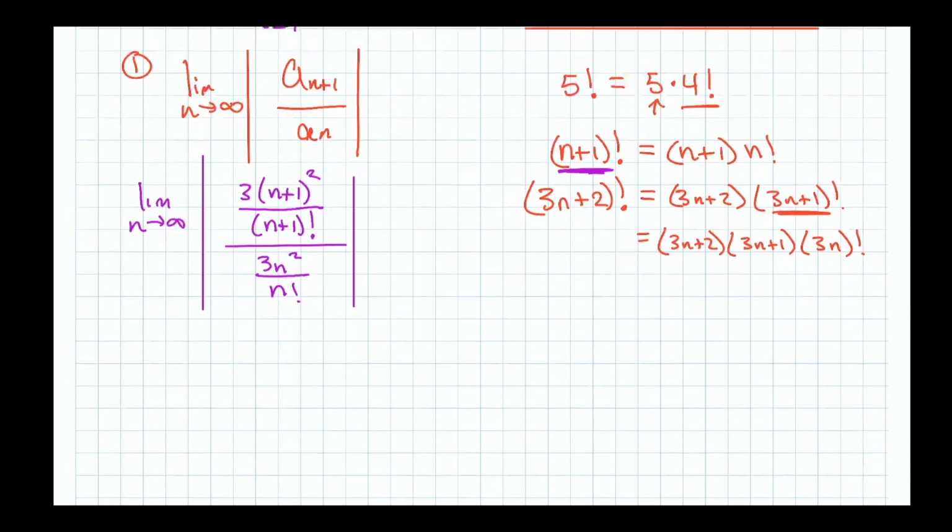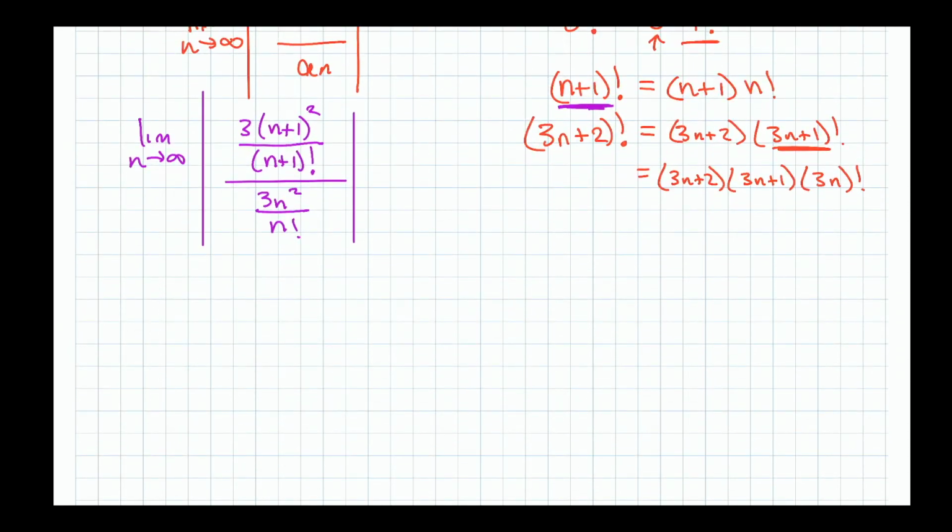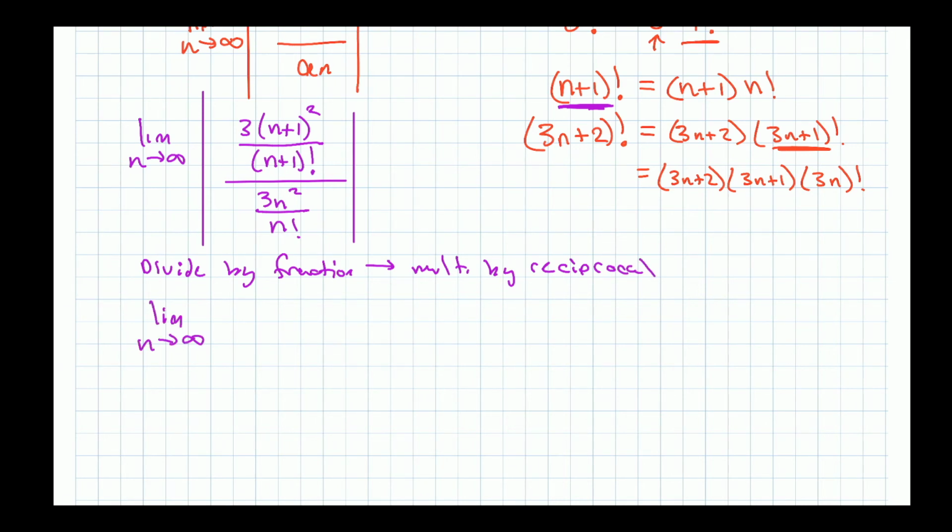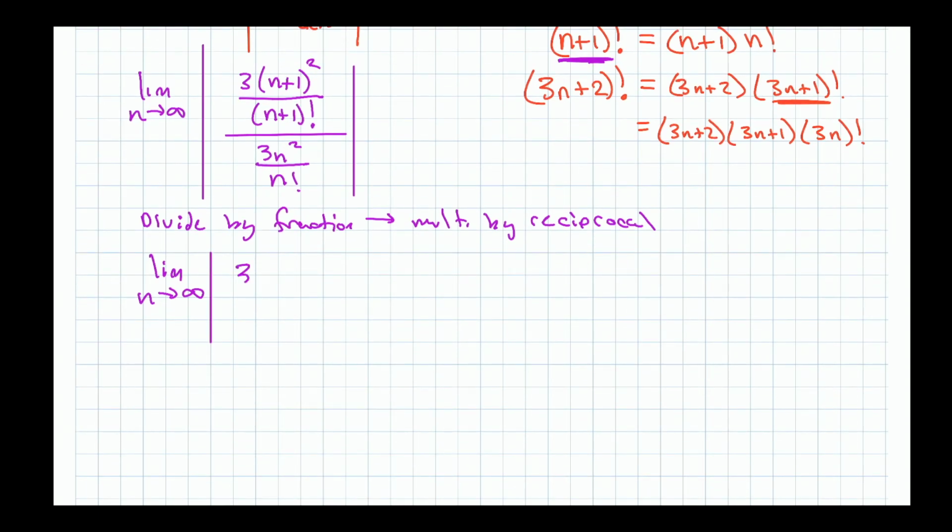Now your second step: when you're dividing by a fraction, that's multiplying by a reciprocal. So the limit as n goes to infinity, absolute value, of the top fraction, and then times the bottom fraction upside down.